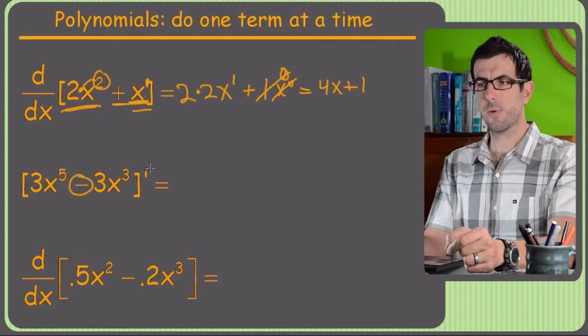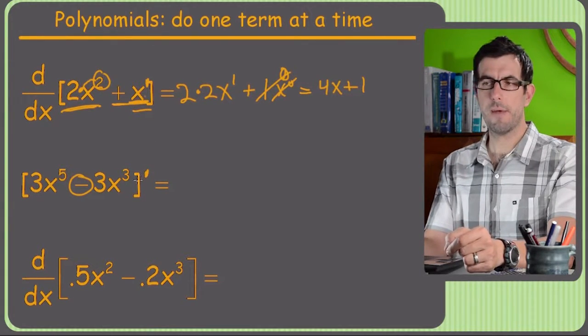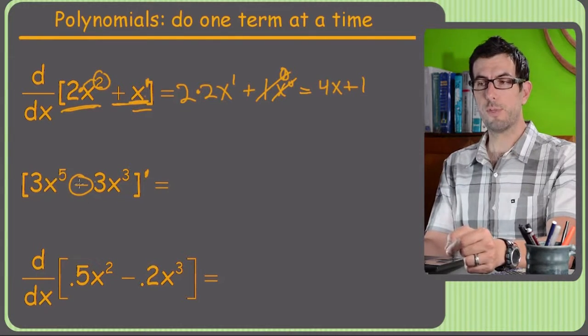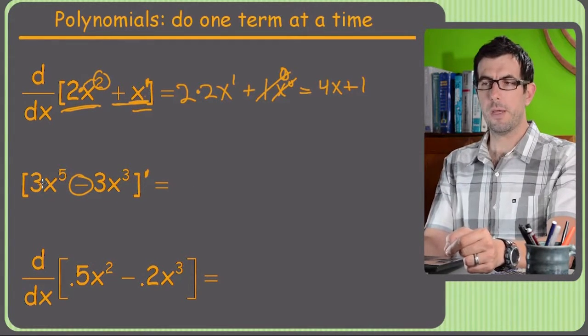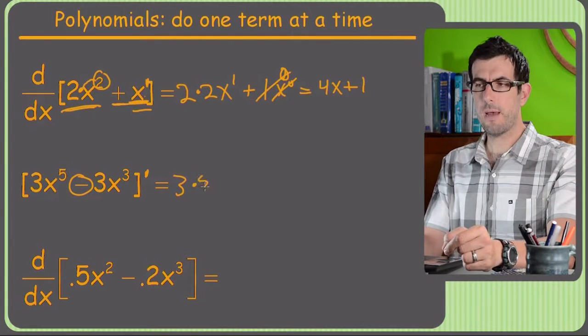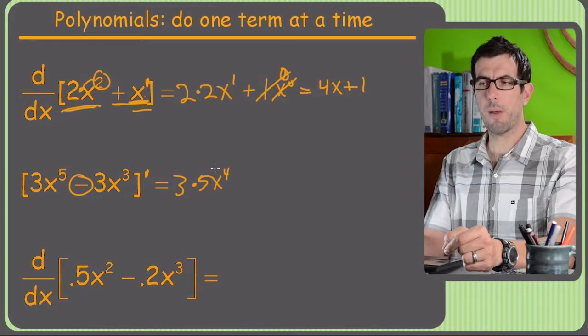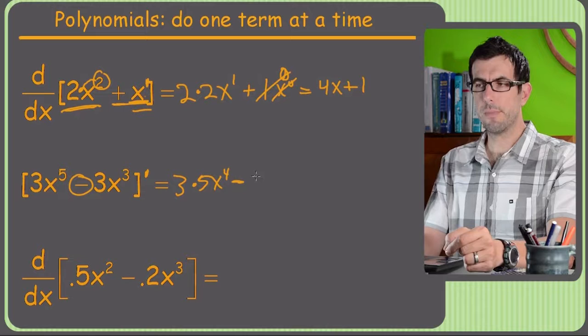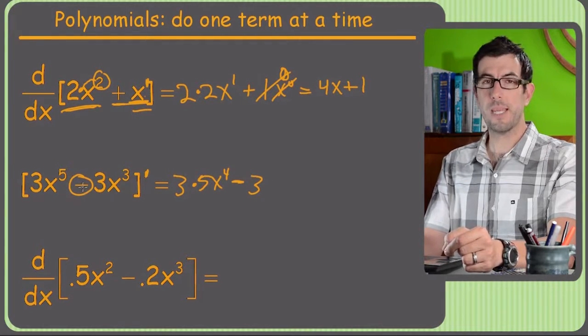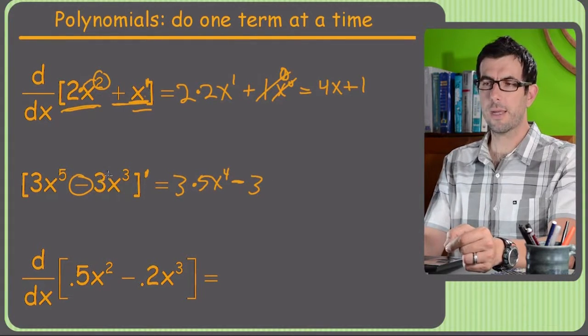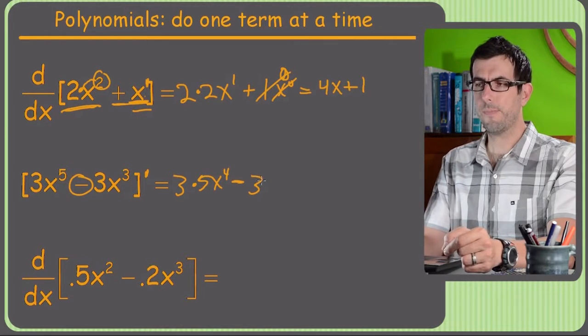All right, next one, we're saying, hey, let's take the prime of everything in the parentheses. Once again, we have two terms, so we'll take them one at a time. First, we have the 3, and then the derivative of x to the 5th would be 5x to the 4th. Just move the old power out front, reduce the power by 1. All right, done with that term. Then the next one is going to be that negative 3, and we kept the minus sign, you'll notice, because that's kind of like just saying, hey, there's a negative 3 coefficient.